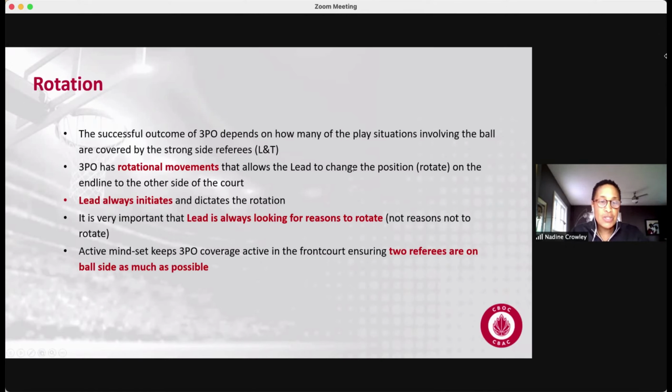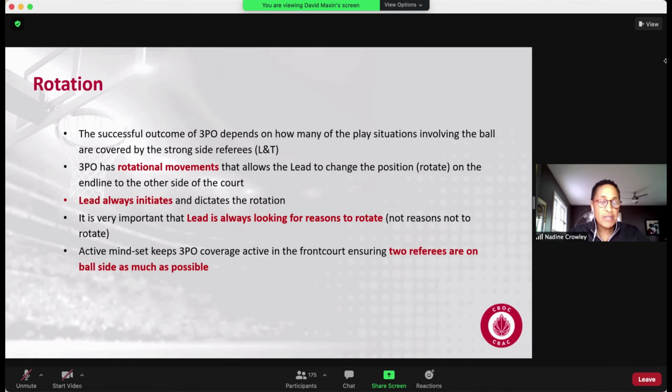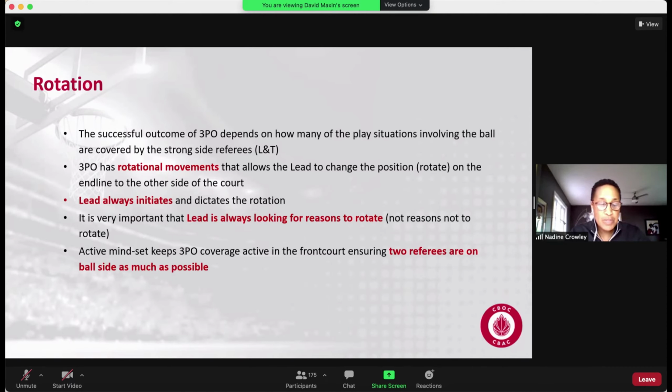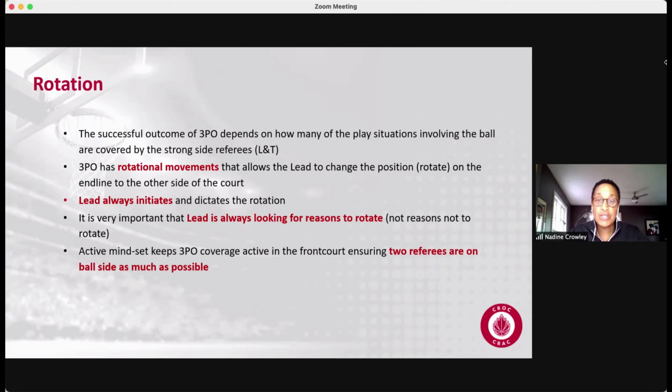Just to talk about the active mindset for a second, you always have to be ready. As a referee, it's about being ready. And good refs are constantly analyzing the movements and actions of players in order to be in position to see something illegal, so looking for reasons to call. That's why we want 2 referees on the ball side as much as possible.